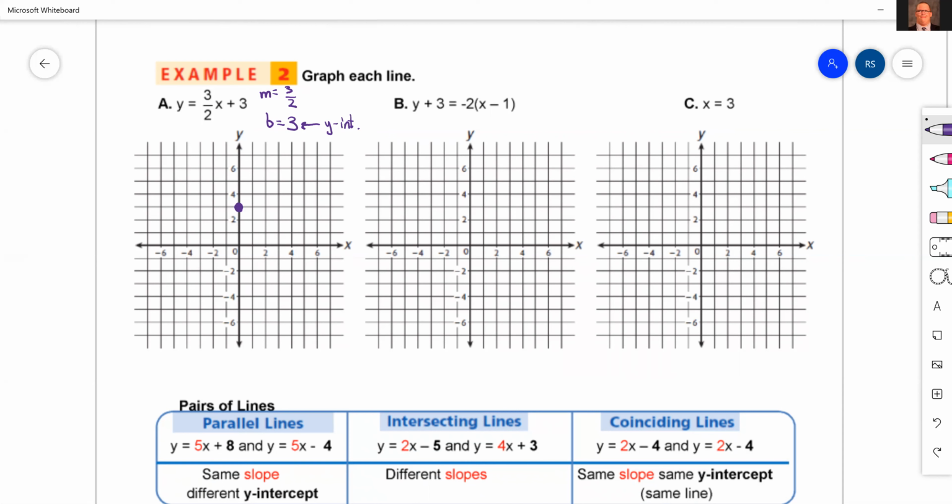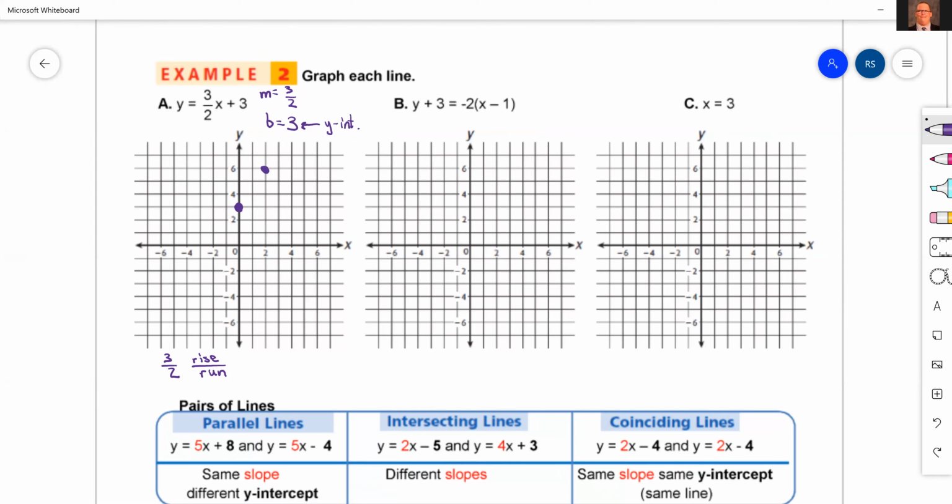Now remember, the slope being 3/2 tells me my rise over my run. Rise over run. So from my intercept, I'm going to go up 3, 1, 2, 3, over 2.